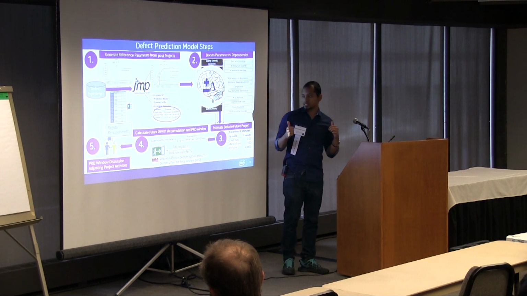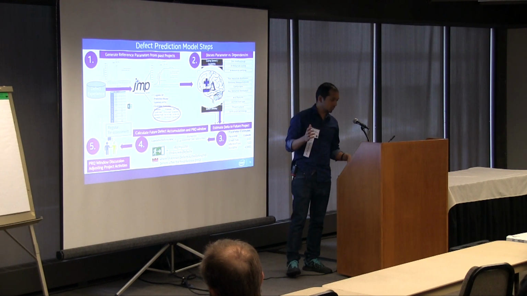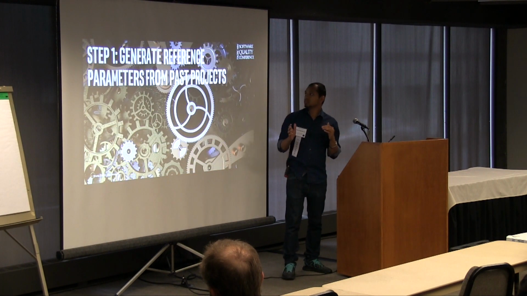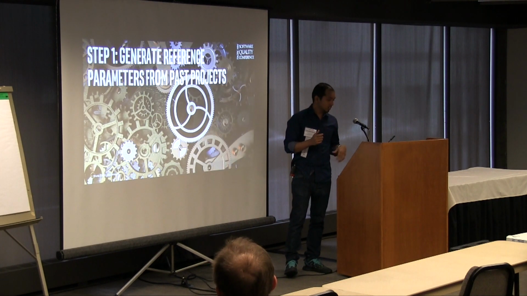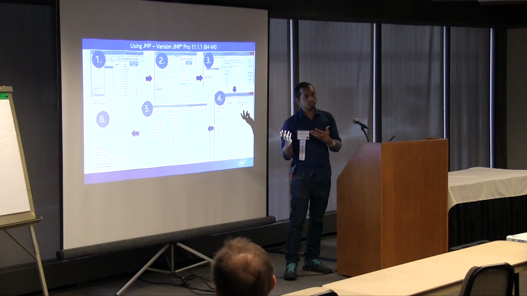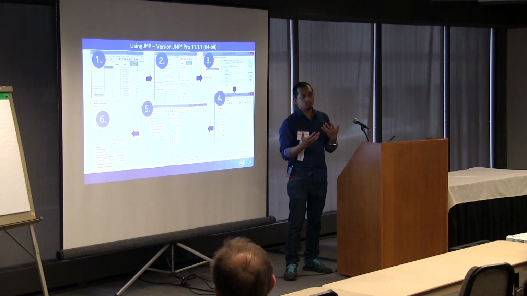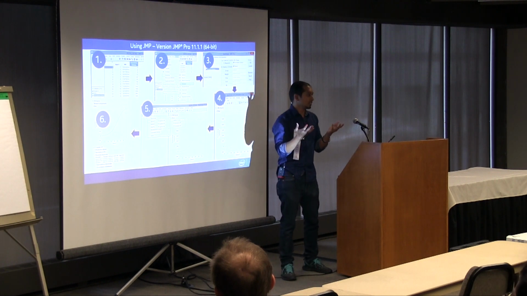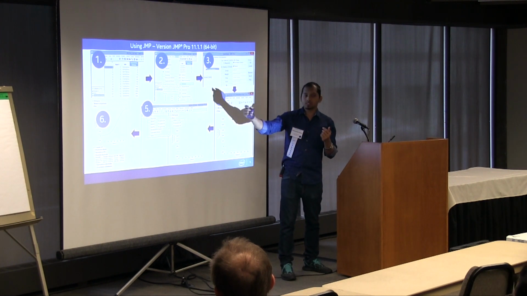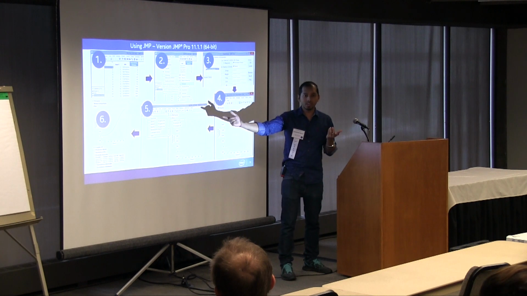So let's take a closer look at each of these steps. First is to generate reference parameters from past projects. Like I said, we are using JMP, but you're free to develop any sort of regression technique, as long as it is logistic 3P. Since we're using JMP, it's more of plug and play.